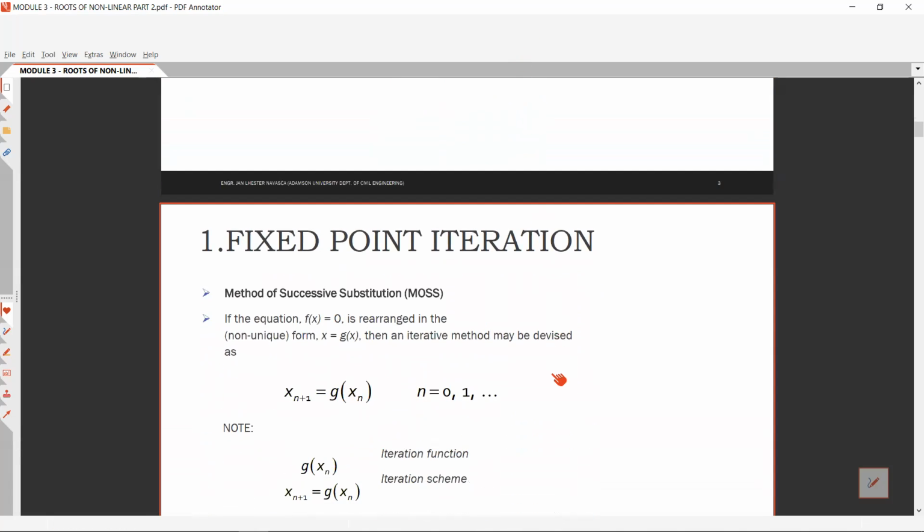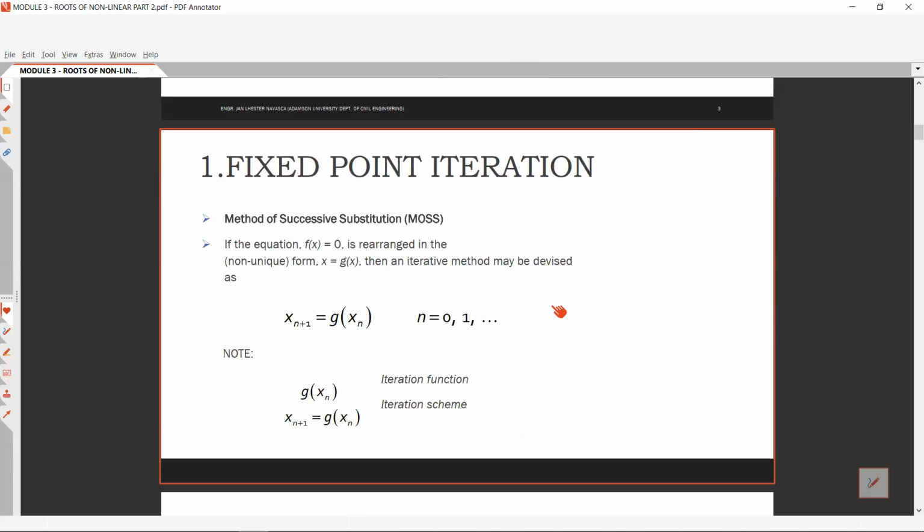For the first method, we have the fixed point iteration. It is a method of successive substitution, or we call it MOSS. Here, you have an equation f of x equals 0 that is rearranged to a non-unique form.